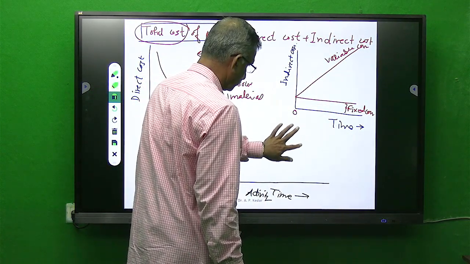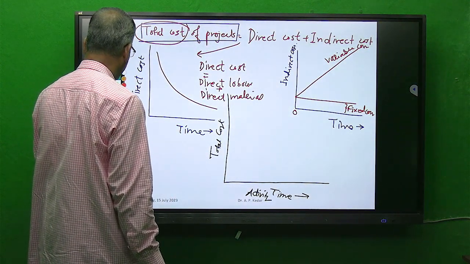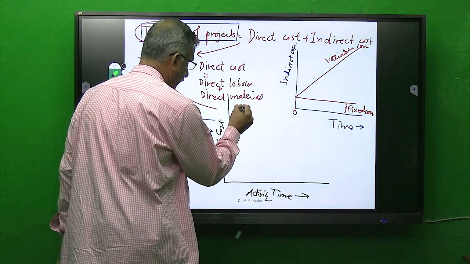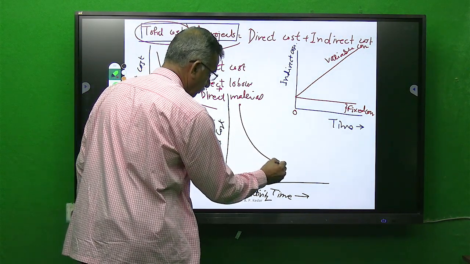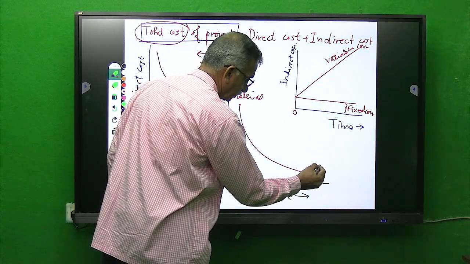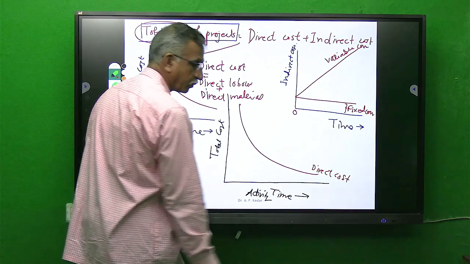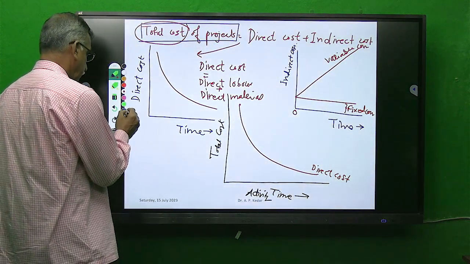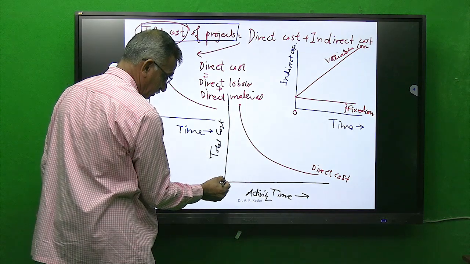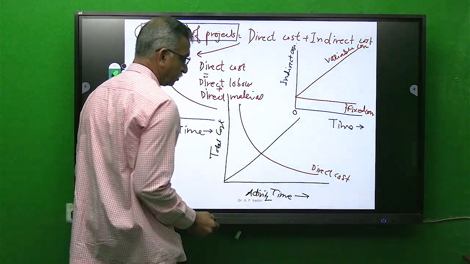Now, very important, see the behavior. We know this. This is nothing but direct cost. We know the other component, which will now start from 0.